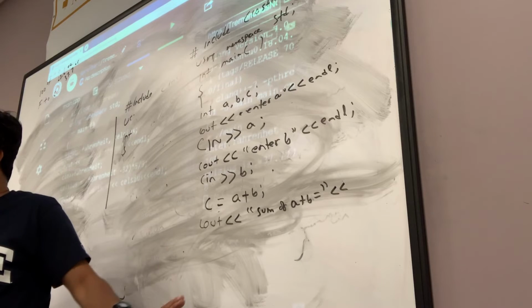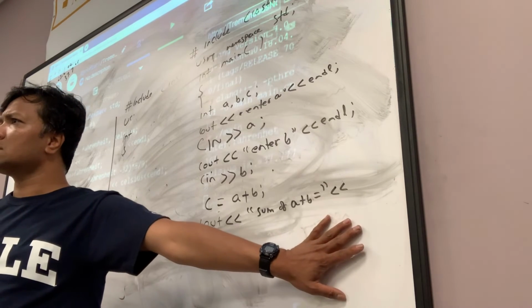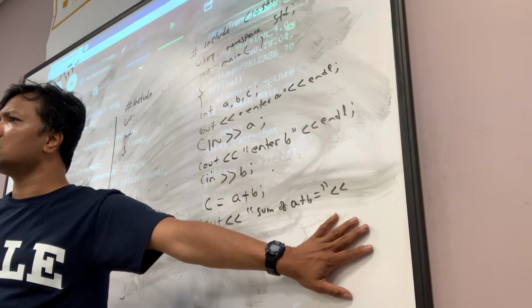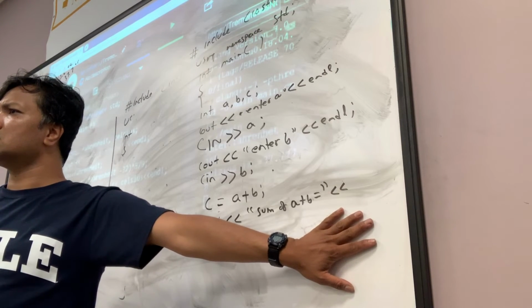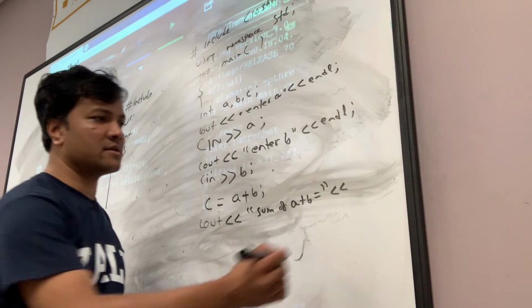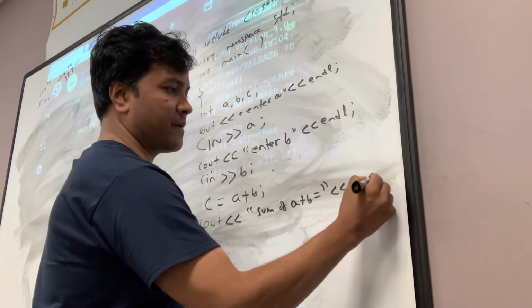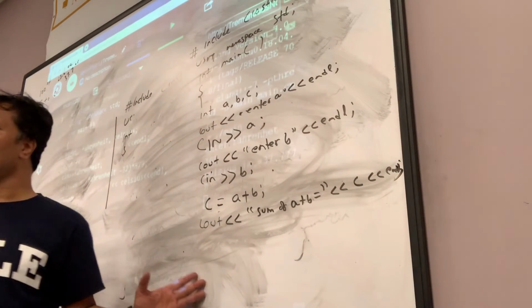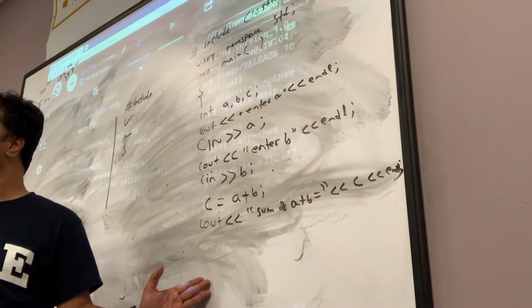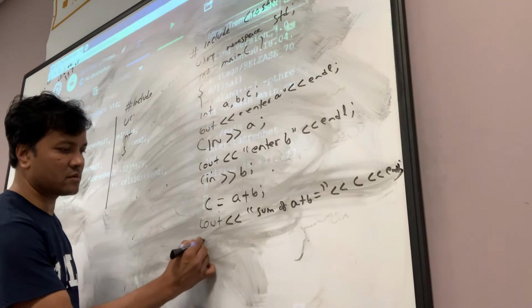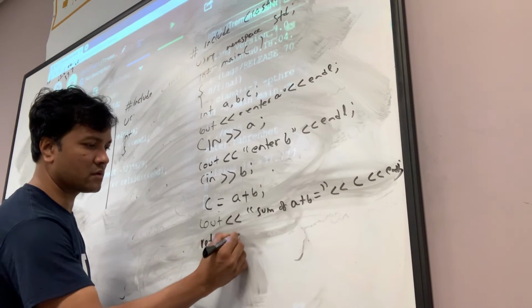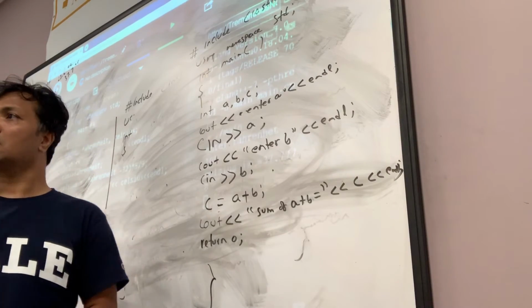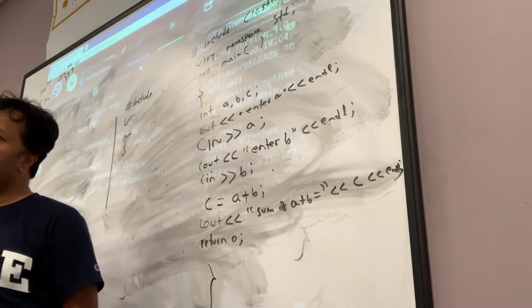No, you're not done yet. Variable C. Okay, good. C. And then what are you going to do? Return 0. And then what? Okay. Now go type it up.